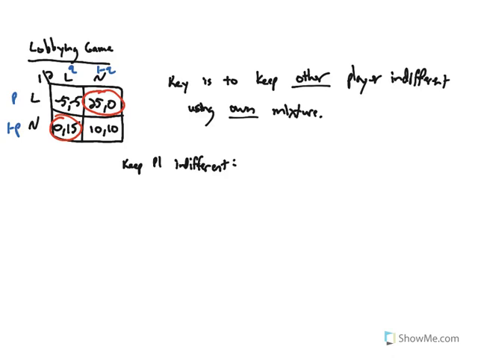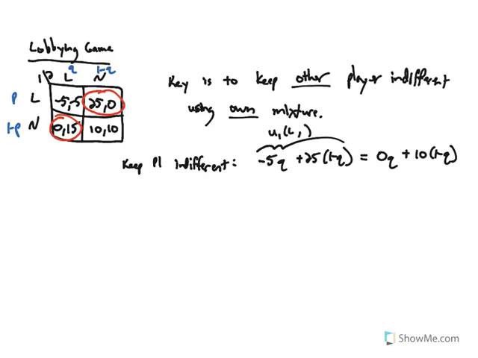To keep player 1 indifferent, we need that -5, her payoff of playing L when player 2 plays L, times the probability of reaching that, which is Q, plus 15 times 1 minus Q. We need that to equal the utility of player 1 playing N, which is 0 times Q plus 10 times 1 minus Q. Okay, so again, this is the utility of player 1 playing L, given the mixed strategy profile Q, 1 minus Q. I'm just going to leave that as a blank space for space concerns.